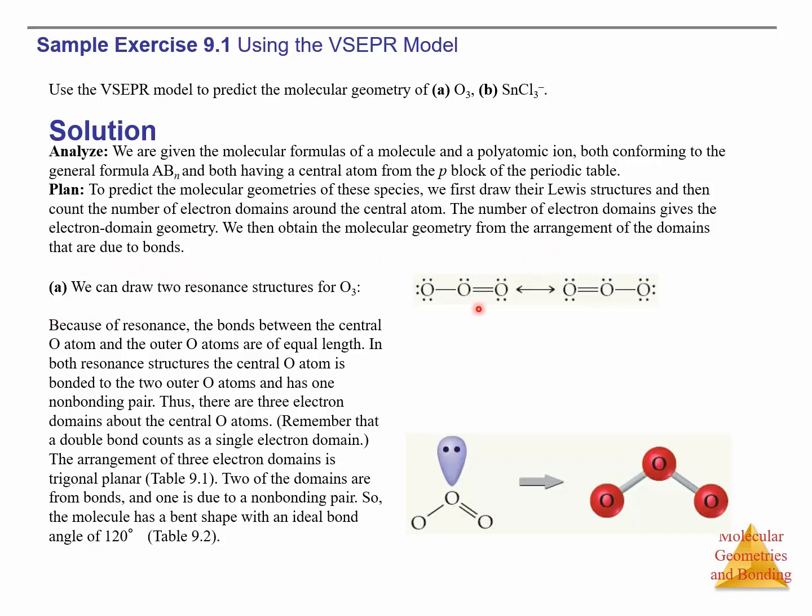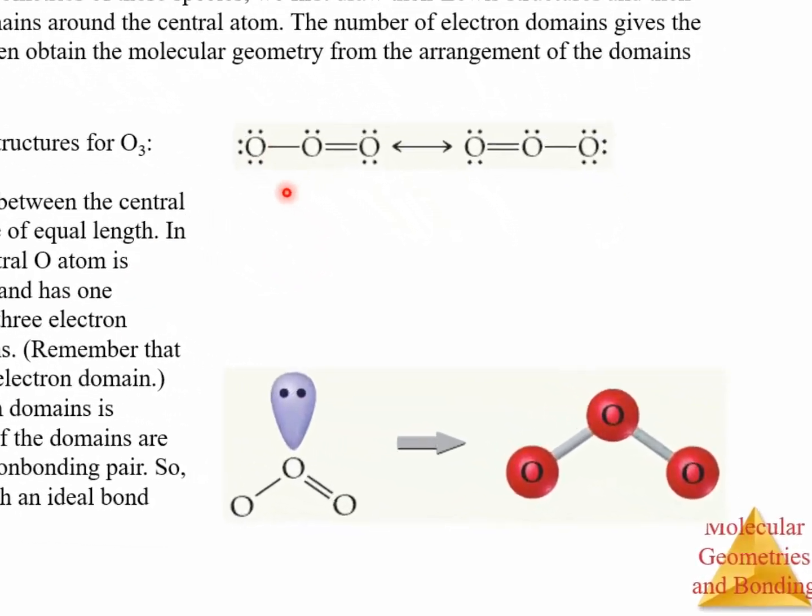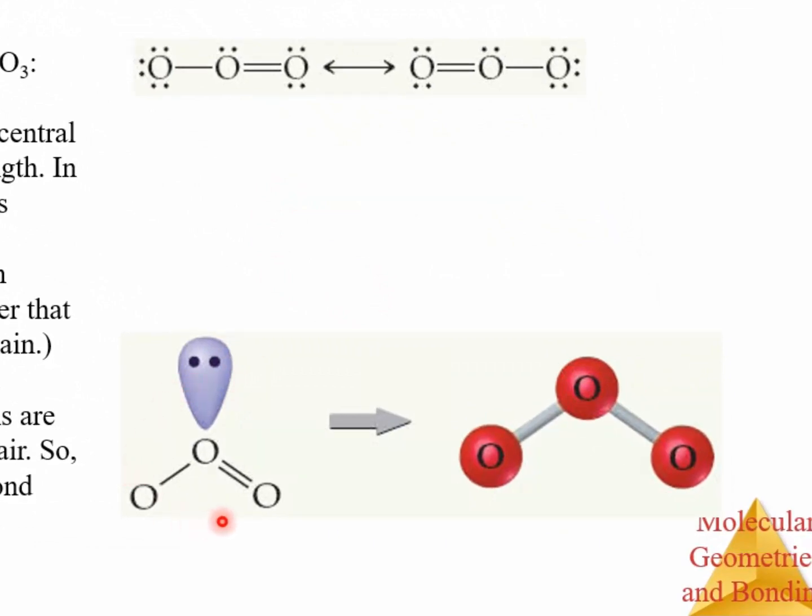For O3, you remember we have two resonance structures. Because of resonance, the bonds between the central oxygen atom and the outer atoms are of equal length. In both resonance structures, the central oxygen atom is bonded to two outer oxygen atoms and has one non-bonding pair. Thus, there are 3 electron domains. Remember that the double bond is counted as a single electron domain.